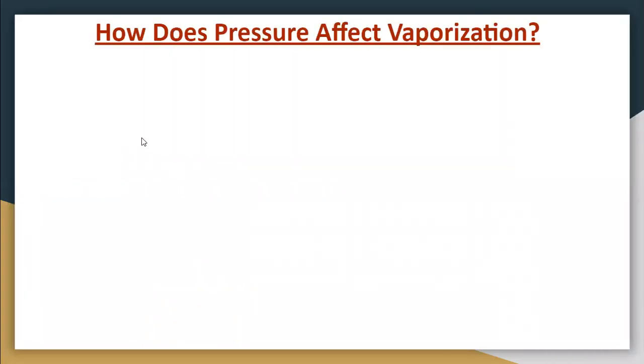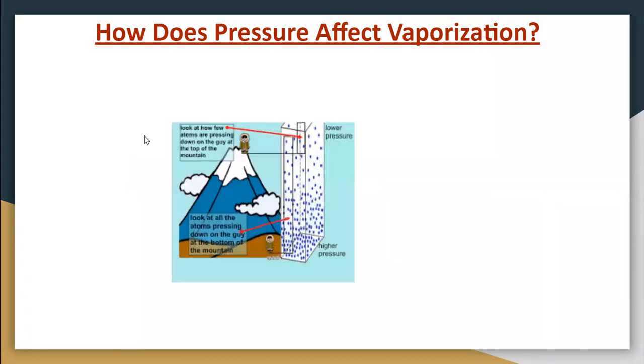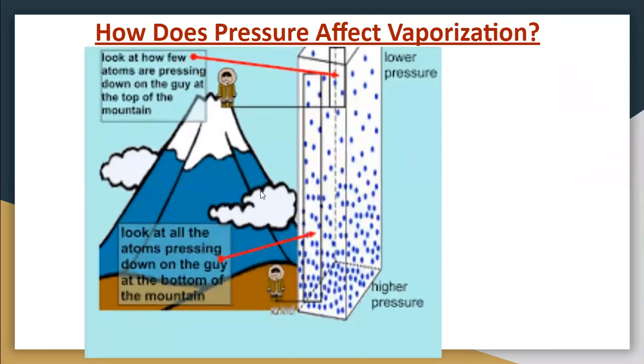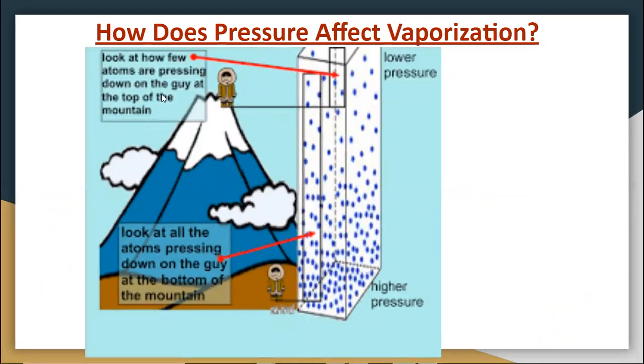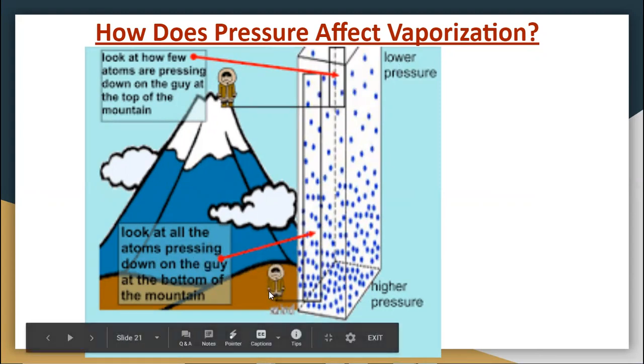How does pressure affect vaporization? Well, let's think about this. Okay, here's a picture. Look at how few atoms are pressing down on the guy at the top of the mountain. See, there's less molecules, less pressure. Look at all the atoms pressing down on the guy at the bottom of the mountain. See how they're all a lot closer together?